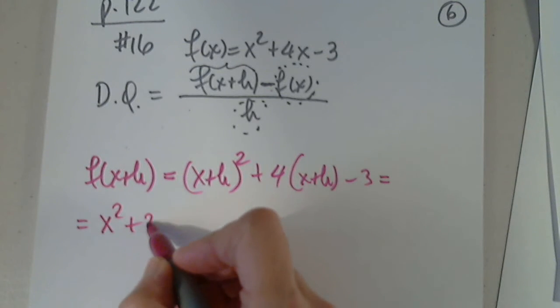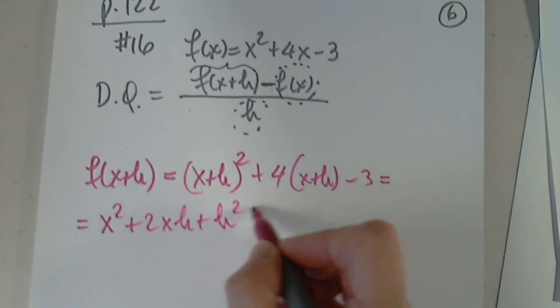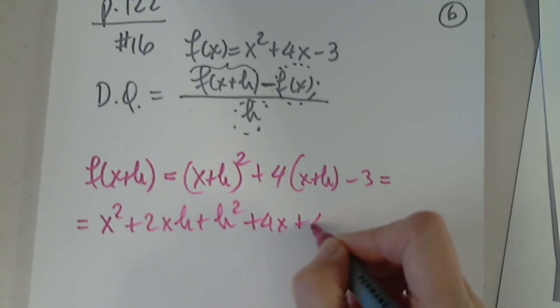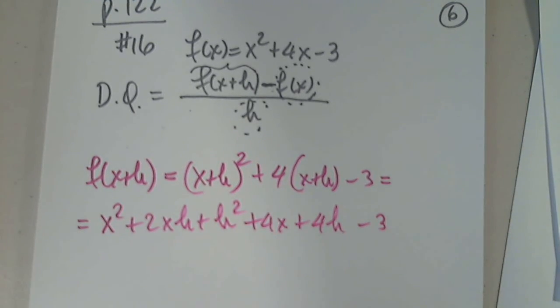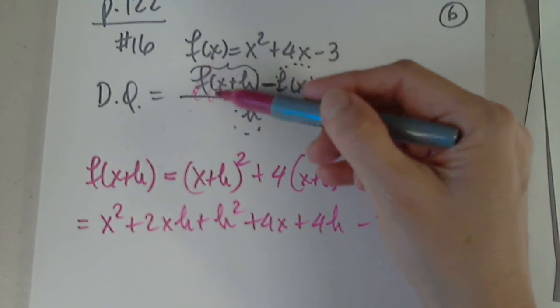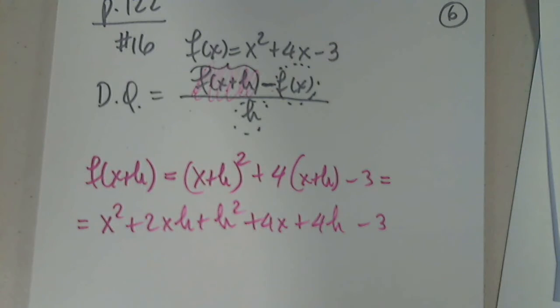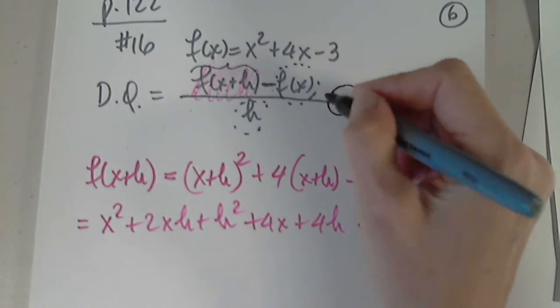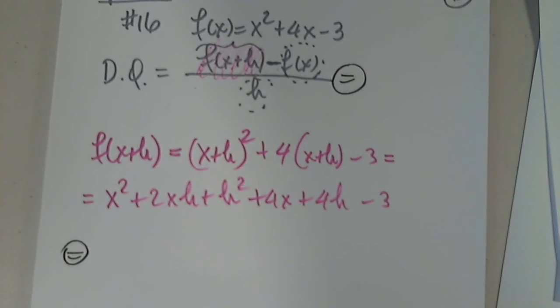So it's x squared plus 2xh plus h squared plus 4x plus 4h minus 3. So now I do have all this, and I'm ready to plug them in, replace everything piece by piece, and finish up and simplify the difference quotient.